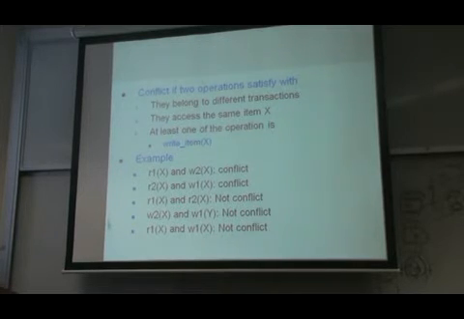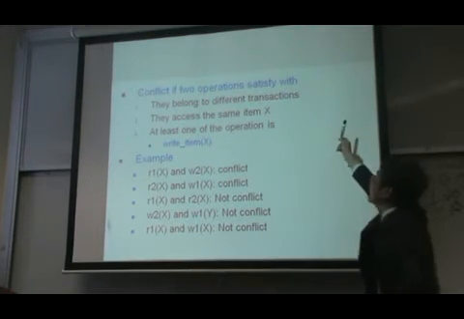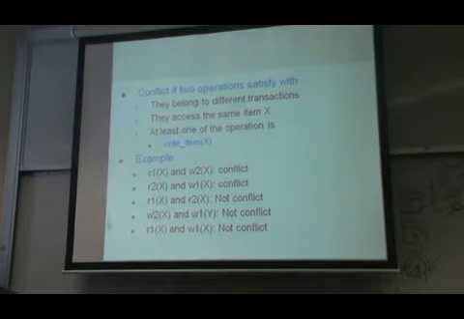So then, what will be the conflict? A conflict means you have multiple transactions, multiple users, and they try to update the data. If at least one of the users tries to access the data for writing, that will cause the conflict. So there are three conditions. First, they belong to different transactions, different users, right?